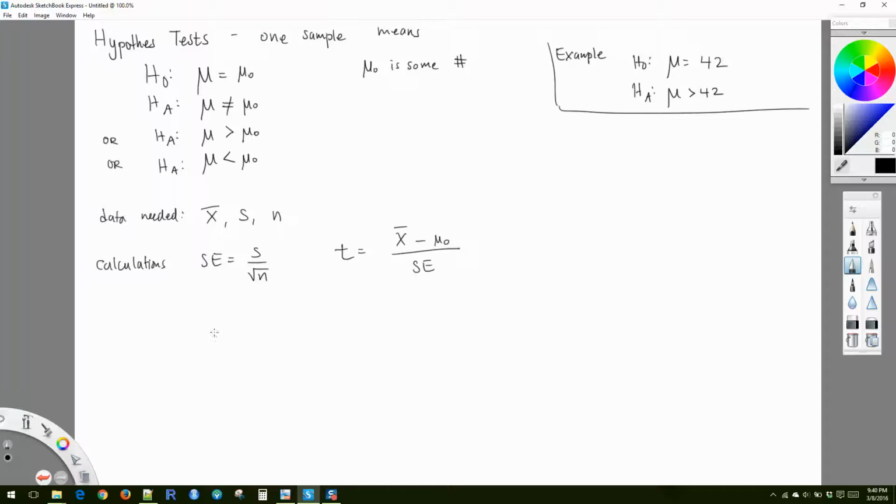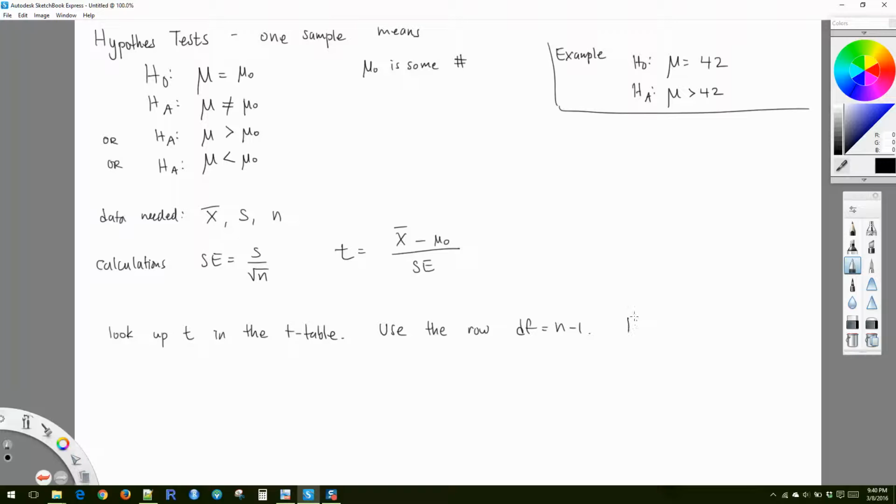Okay, and then you look up t in the t table. Use the row df equal to n minus 1. So figure out your degrees of freedom, use that row.